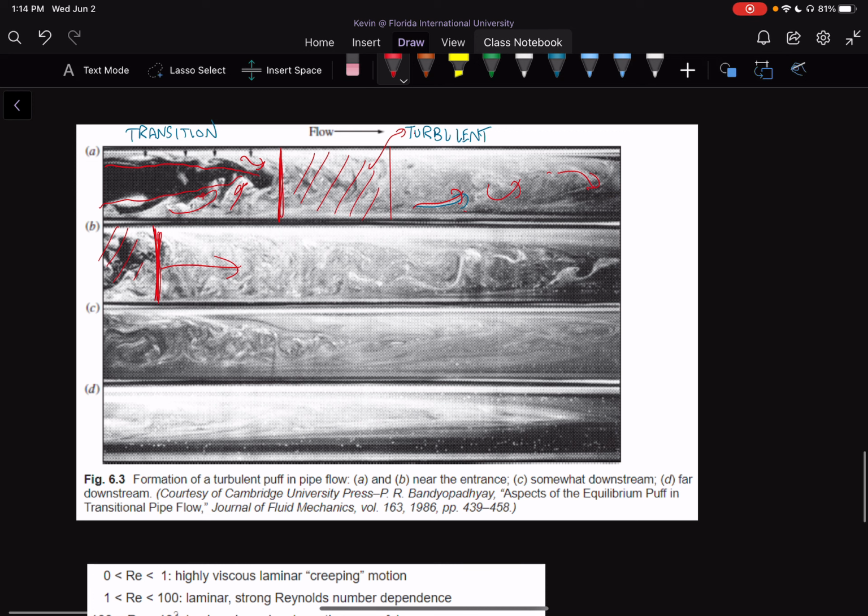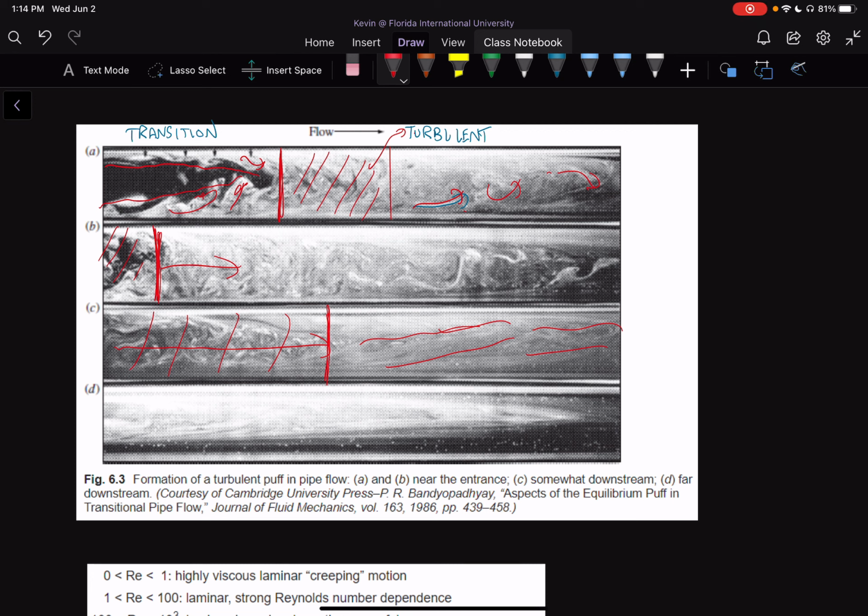Somewhat downstream you still have turbulent flow, but it starts organizing a little bit more. What we can conclude from this is that turbulent flow seems very chaotic. It's very hard to determine what's happening and how it's working, especially in this transition region where it keeps on changing. We don't have a clear understanding of what's happening there.